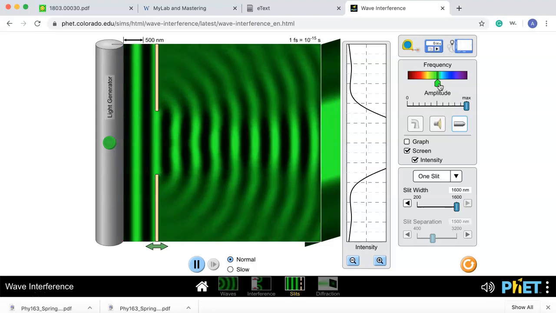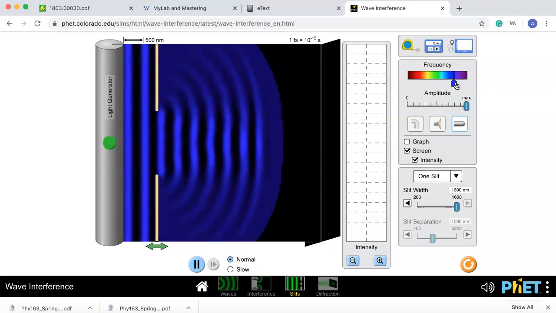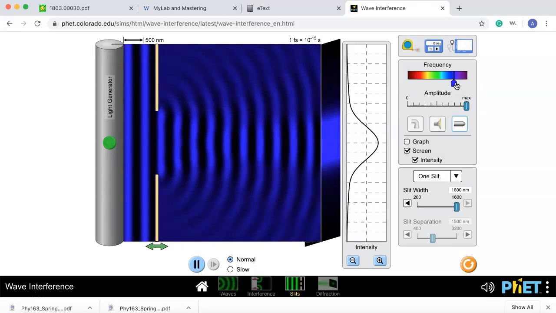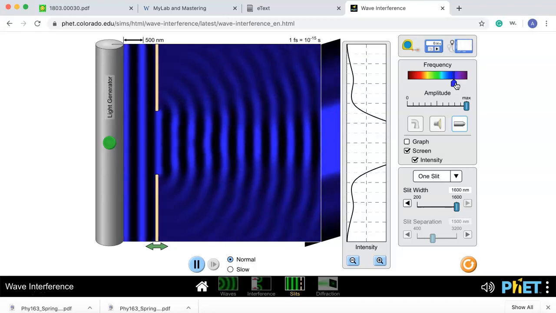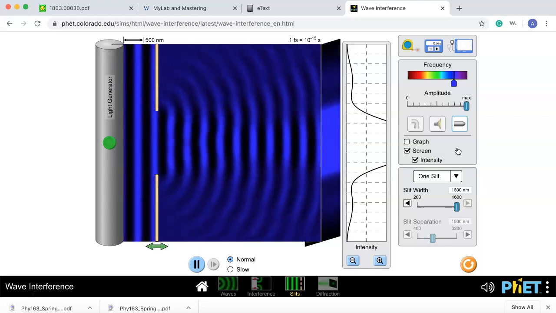You can also play with the frequency, so maybe I increase the frequency. Here we can also almost see it in intensity, right? So it's darker here and kind of brighter in this region. So it seems that making the slit wider, increasing the distance, and increasing the frequency can help us see fringes better.